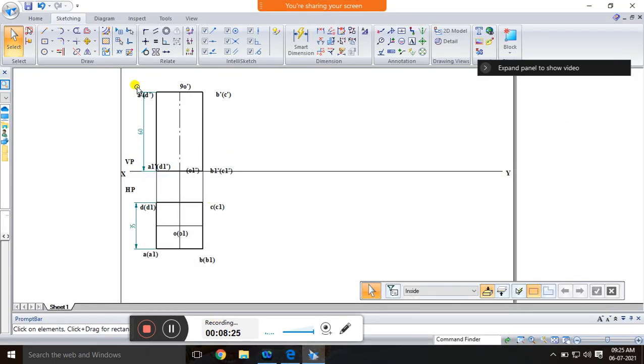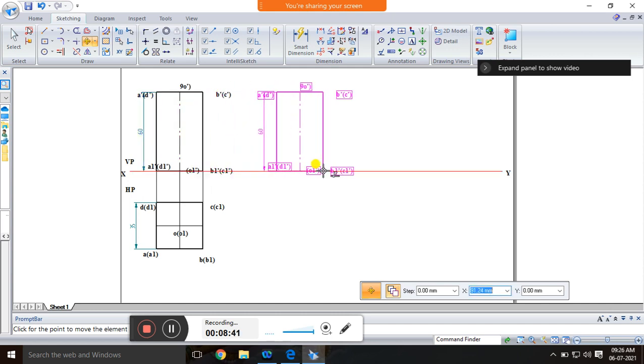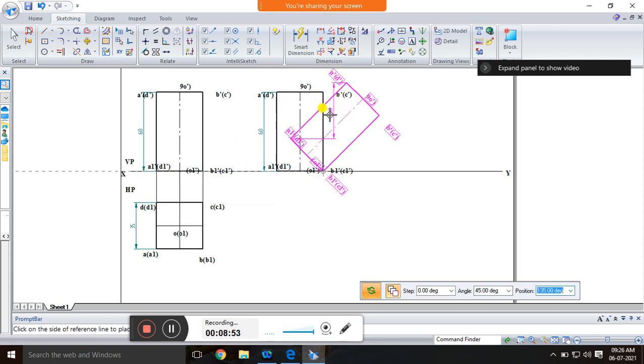Okay, first I will show you how to draw it in the software. With the help of Solid Edge, you directly copy, use the move option, place it here and draw it, and next go to the rotate option. This is a fixed point, always the right side is fixed, and the angle should be 45 like this.